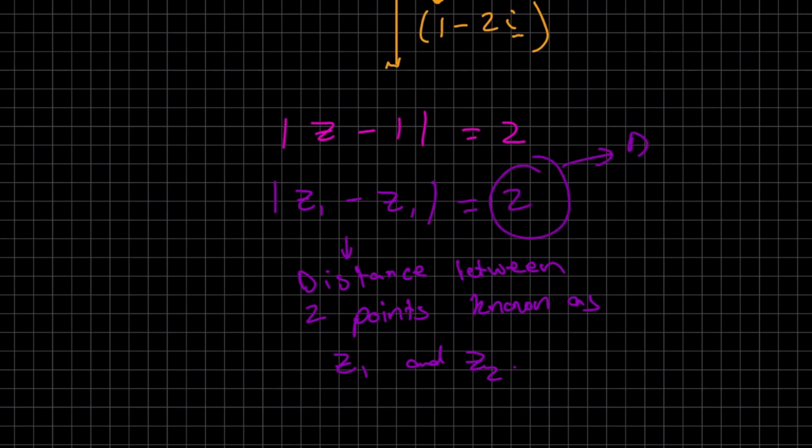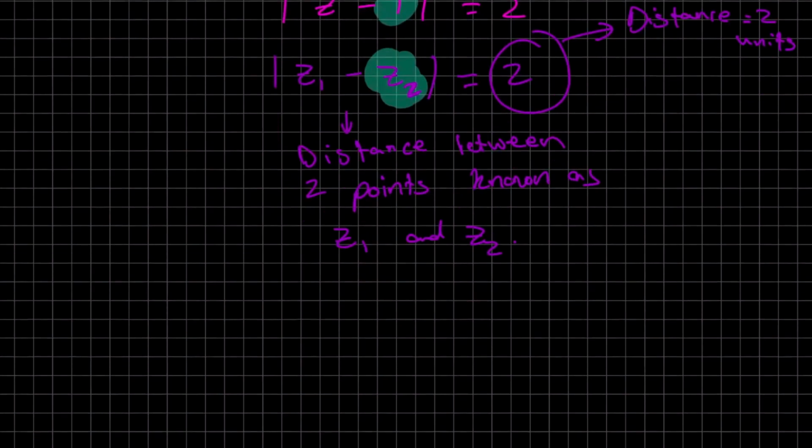So the distance is 2 units. Now, we know that our z2 in this equation is represented by the real number 1. So essentially, we are trying to find the distance between a point z and 1. Or we can write this as 1 plus 0i.